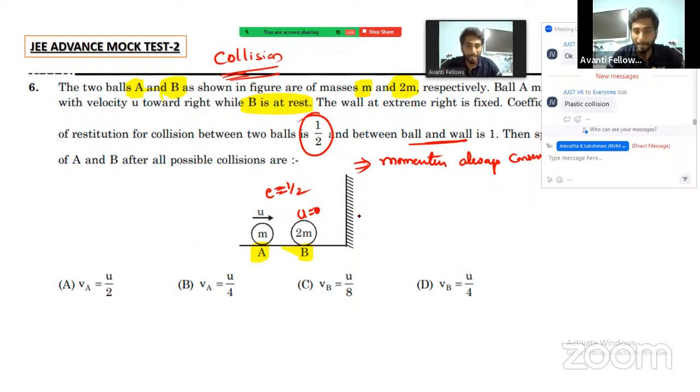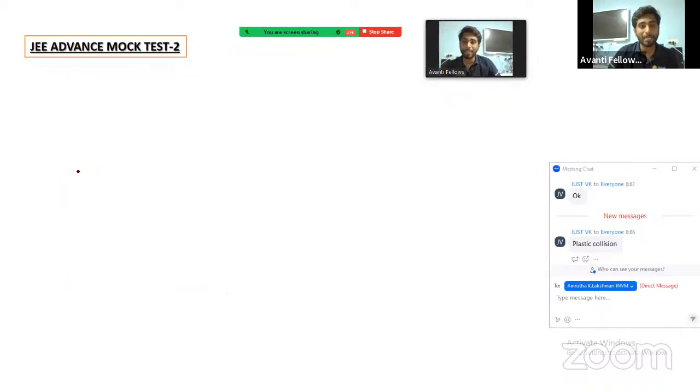At this time, what is the wall's coefficient of restitution? It is 1. Means there is no change in velocity. If it hits with a velocity u, it will come back with the same velocity u in the backward direction.